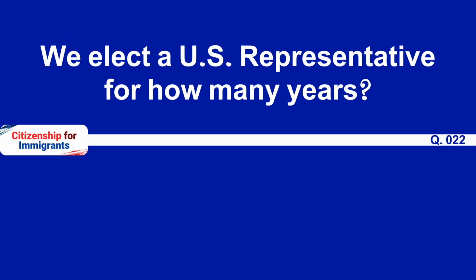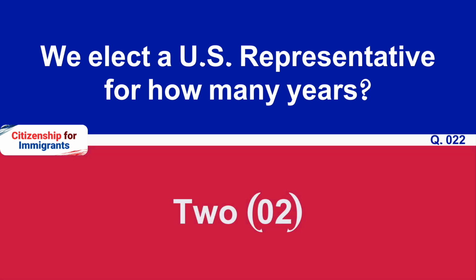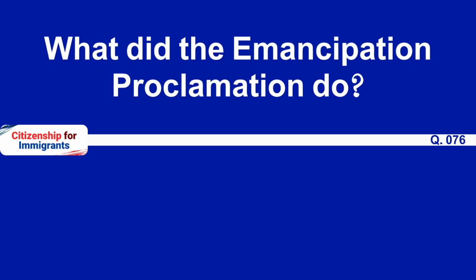We elect a U.S. representative for how many years? 2. What did the Emancipation Proclamation do?